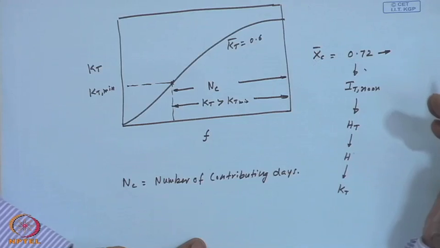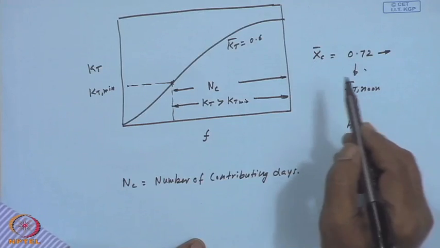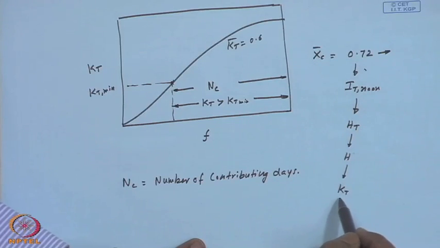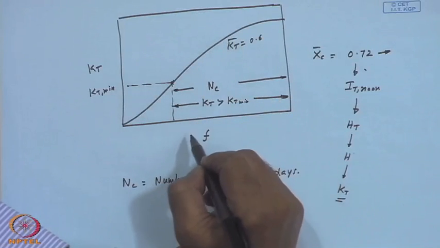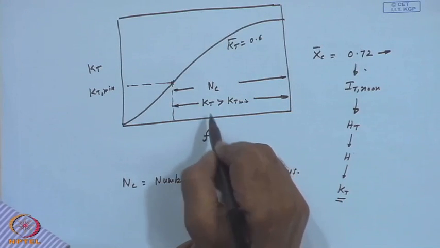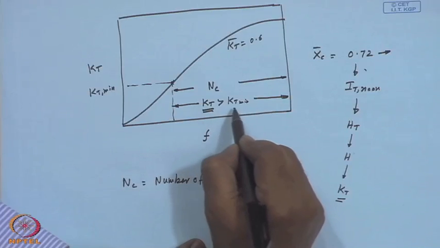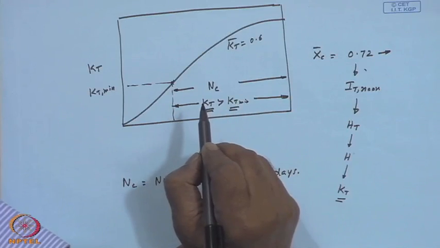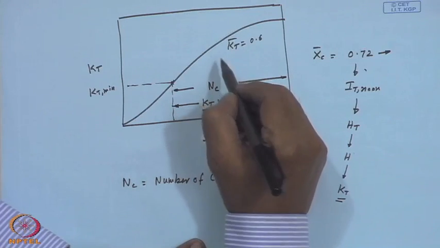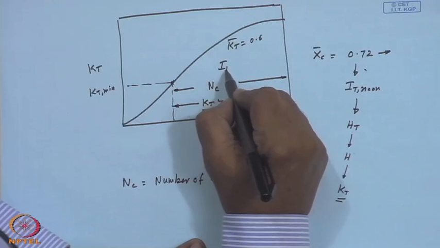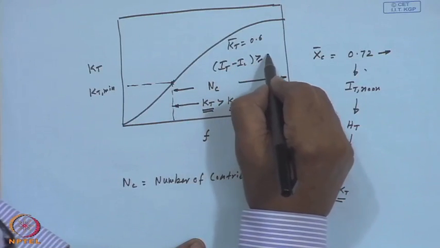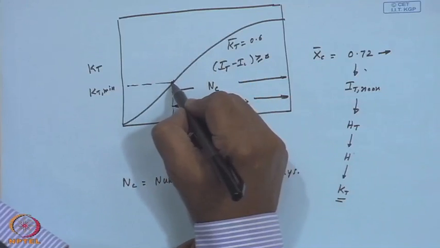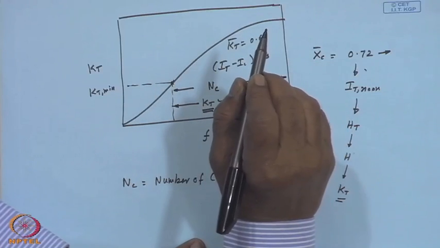I can find out what is the clearness index corresponding to that xc bar. So, as long as the critical clearness index is higher than this minimum clearness index, all these things, my It minus Ic is greater than or equal to 0. This will be 0 and here onwards it will be positive.